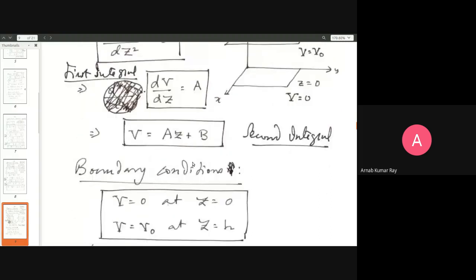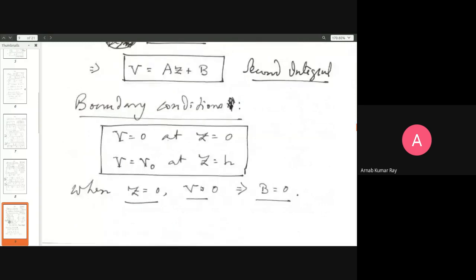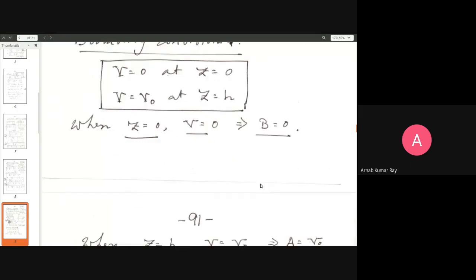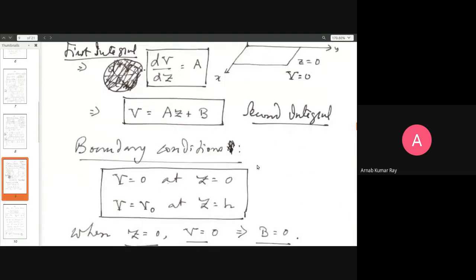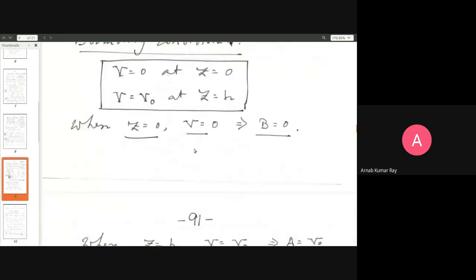So that's up to step number 4. Then the important thing is to apply step number 5, which is the boundary conditions, something that we did not do while working with Poisson's equation, because the algebra would have been complicated. Anyway, this is for you to understand the basic physical principles. So with the application of the boundary condition, one constant vanishes, B is equal to 0, and the second constant becomes V naught by h. So this is step number 5, application of the boundary conditions.